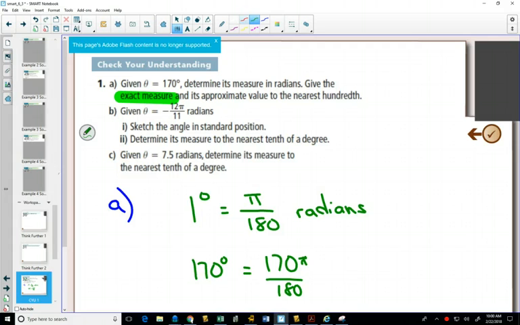So it's very important that you have degree signs with degrees and you don't need any symbols with the radians. So if we wanted to find the approximate value, then we would take out our calculator and type it in. And this is approximately 2.97 radians.